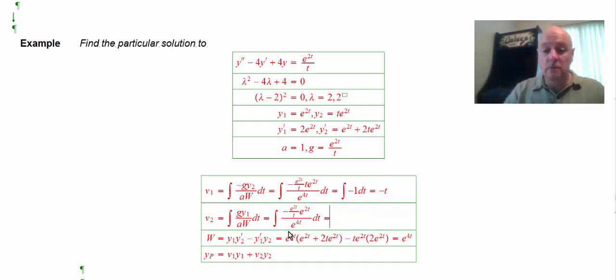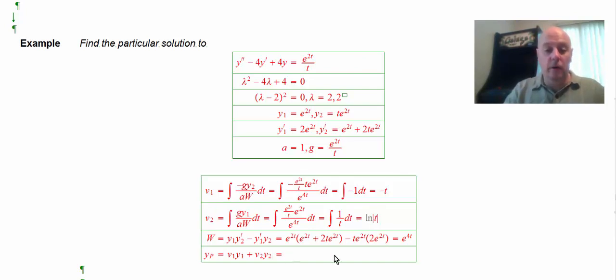The v2, okay, the e to the 4t's cancel top and bottom, but, oh wait, no minus sign in the second piece, but I end up integrating 1 over t dt, which is ln of absolute value t.